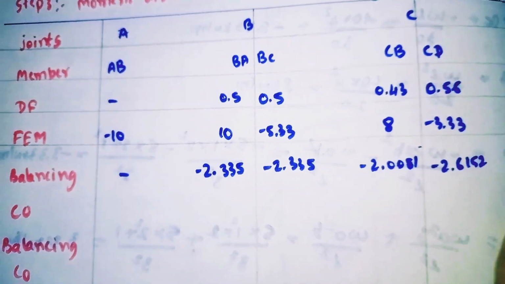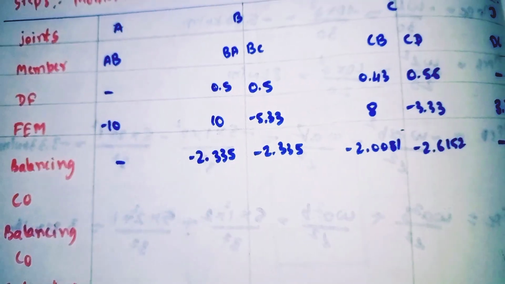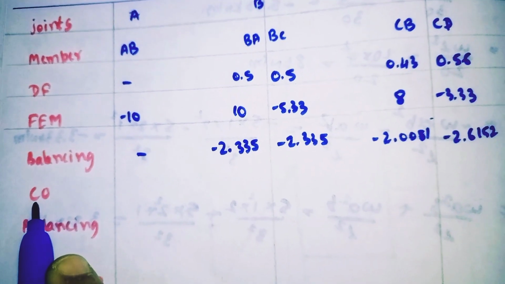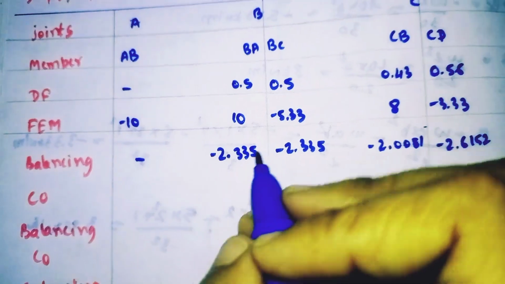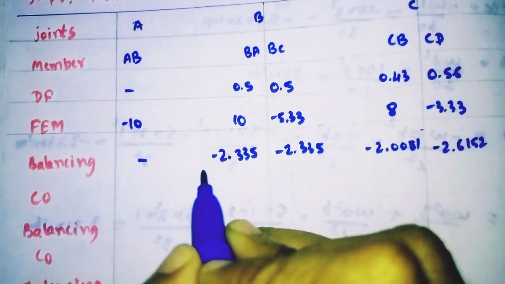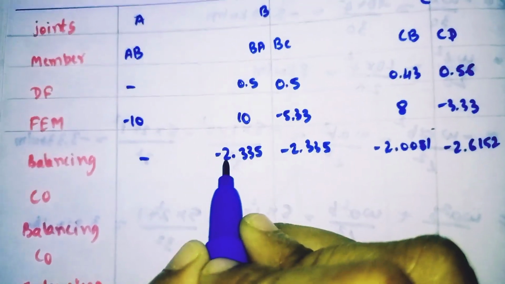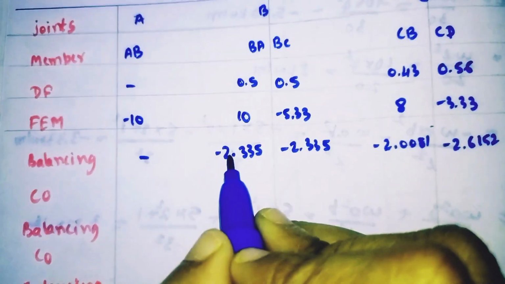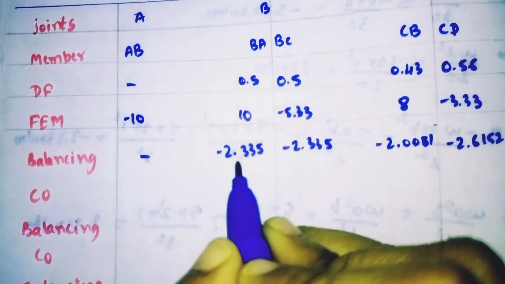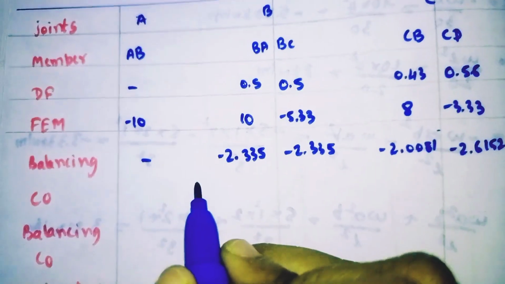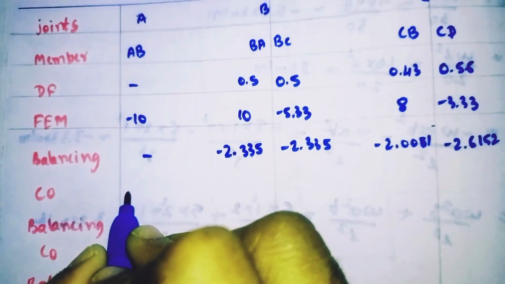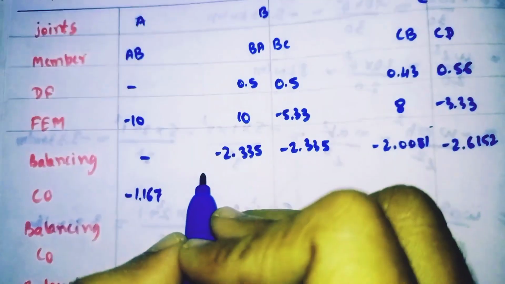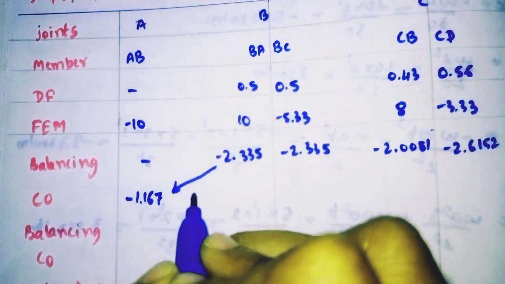So now we'll go for finding the carry over. Carry over means half of this. We take half of this and send it to the opposite side. It means minus 2.335 divided by 2 comes out as minus 1.167. So send it to the opposite side.